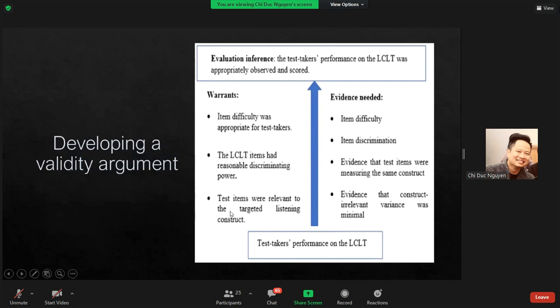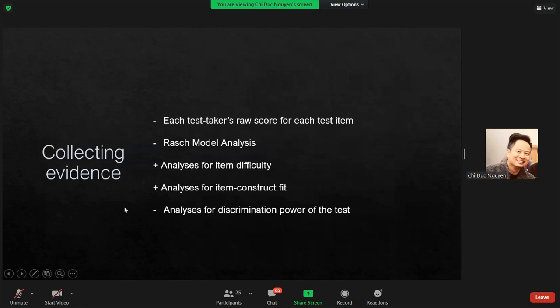In order to do so, we have to look at the item and construct fit to see whether each item fits the underlying construct, how many items fit the construct and how many items do not fit the target construct. And it's going to be over here.